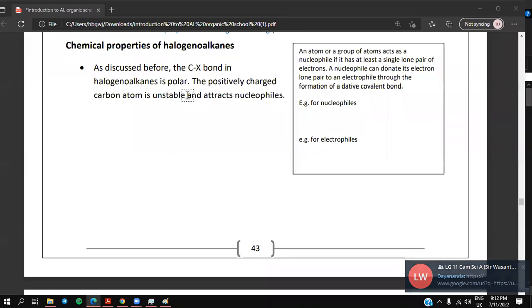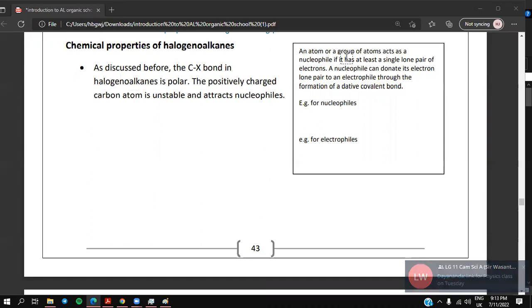This note shows the chemical properties of halogenoalkanes. As discussed before, the carbon-X bond, meaning the carbon-halogen bond, in halogenoalkanes is polar. The positively charged carbon atom is unstable and attracts nucleophiles. I have given the meaning of nucleophiles on the right-hand side.